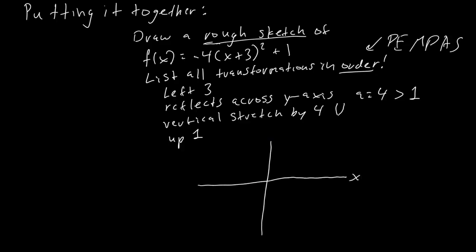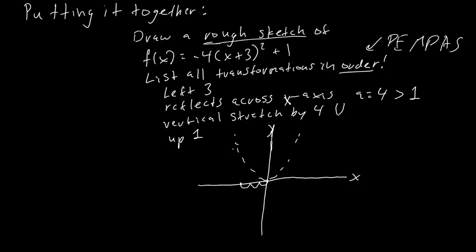So this would look like this, where this is the x-axis, this is the y-axis. Make sure to label all your axes when you're doing this on a test or in class. And then the parent function would be this. I'm going to draw this in dotted lines. So this would be left 3 first. So 1, 2, 3. Then reflecting across the x-axis, sorry, not y-axis. That would mean it would go down, right?